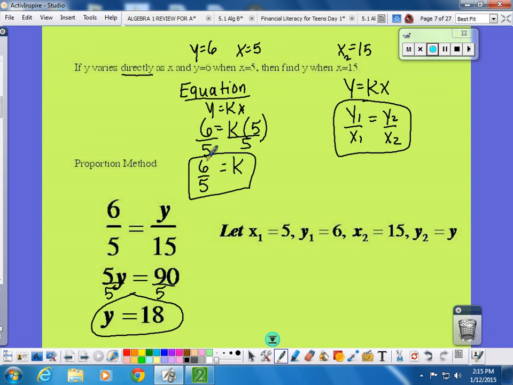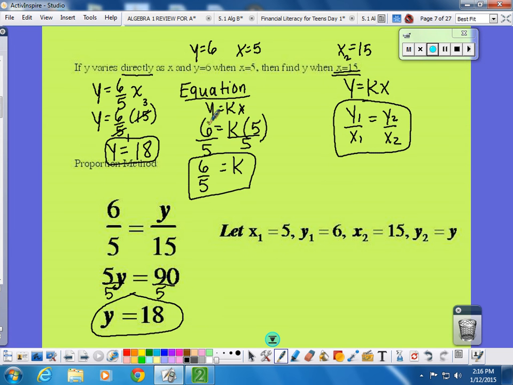That's not rounded off. It's better really to use an improper fraction there so that you can cross-reduce if possible. We substitute the k back into the equation. Now our second x is 15. So we can cross-reduce. 5 will go into itself 1 time, 5 will go into 15 3 times, and then 6 times 3 is 18. Same answer that we have down here, just a different method.